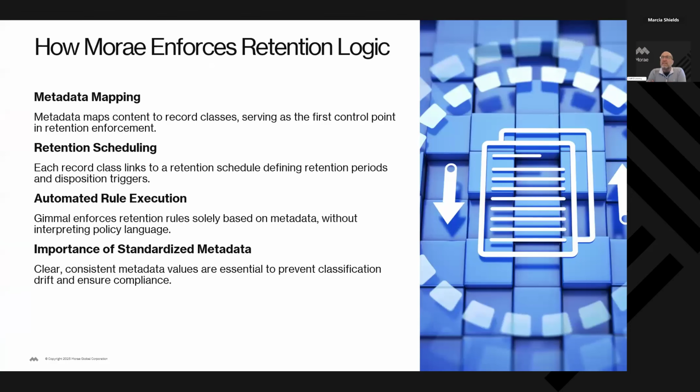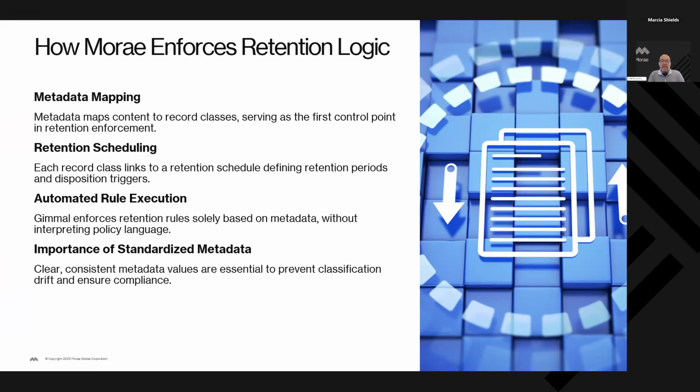So how does Gimmal enforce the logic around the metadata there, right? It's very structured in how it does. Metadata maps content to a record class, so something in that metadata value. And the metadata value for this mapping is different based on where you are storing your content, right?